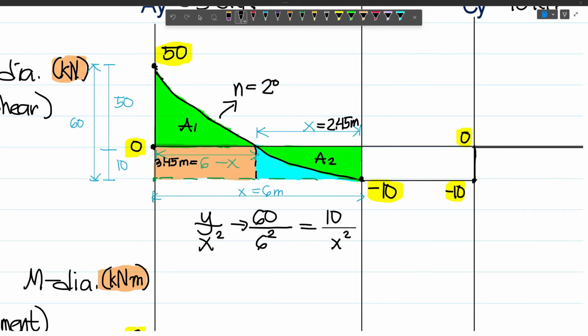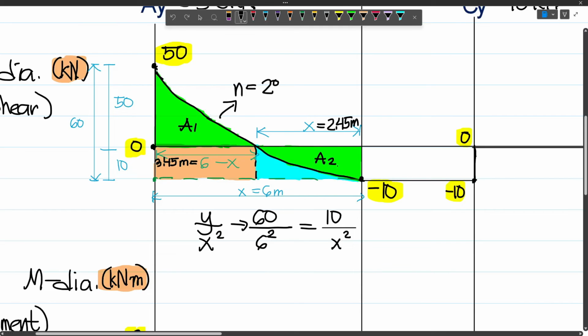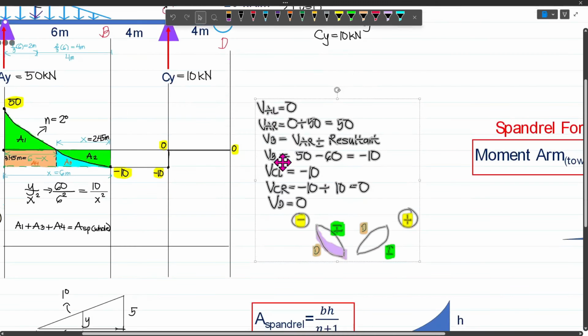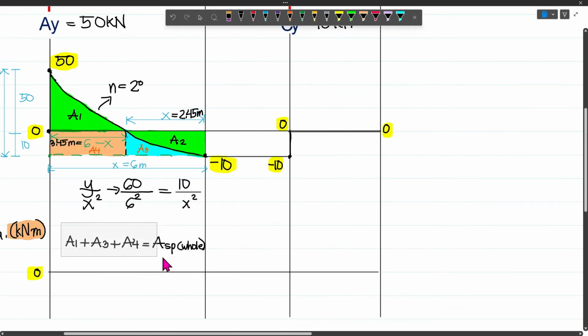Now, we can say that the area of this whole spandrel will be A1, and let's say this is A3 and this is A4. And so we have A1 plus A3 plus A4. That will give us the area of this whole spandrel. So this is the area of the whole spandrel. And so let's move this one, and I will copy this one.